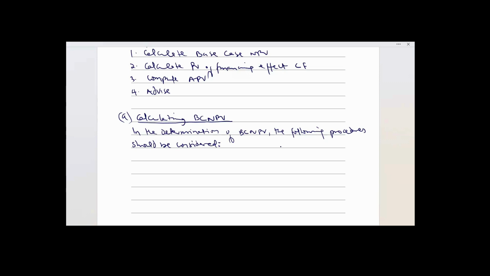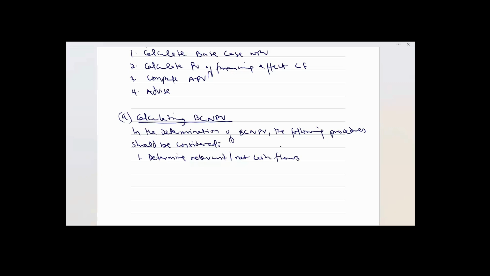Step 1, calculate relevant cash flows or determine relevant cash flows. That's the first procedure. Determine relevant or net cash flows.